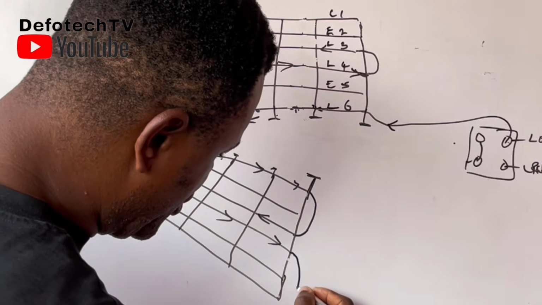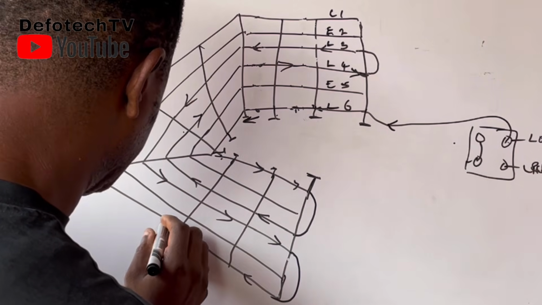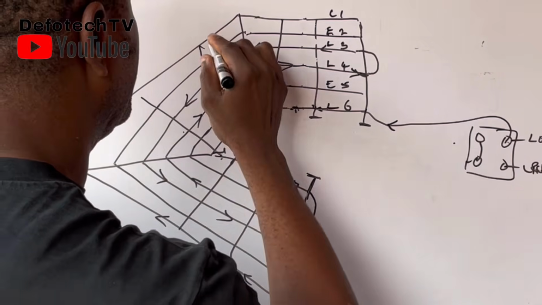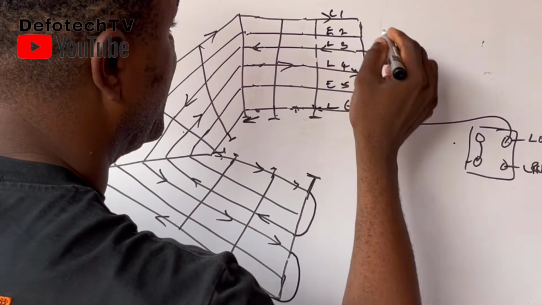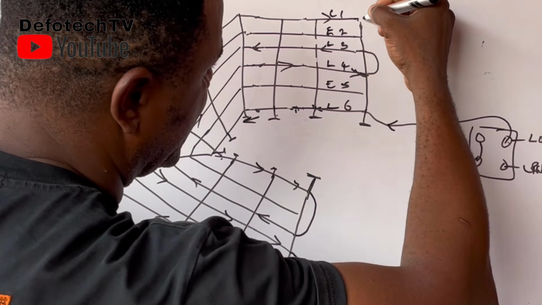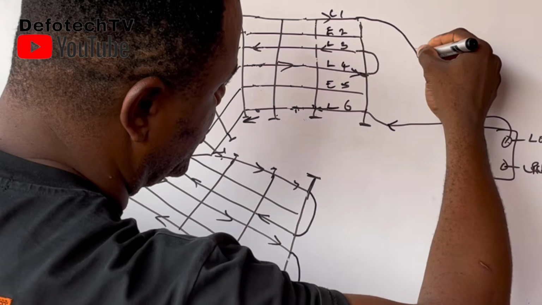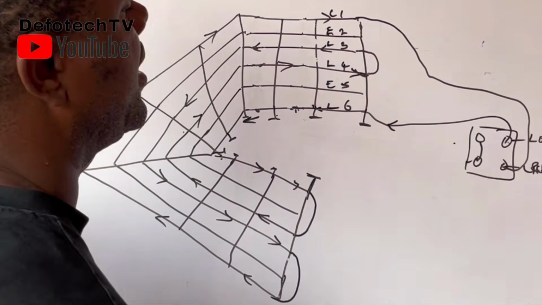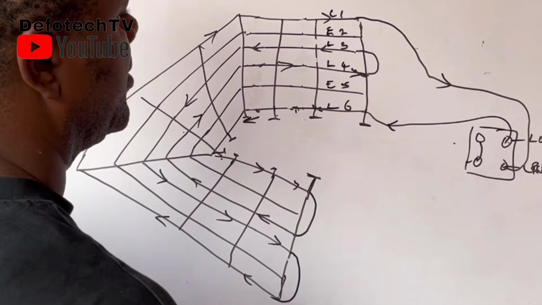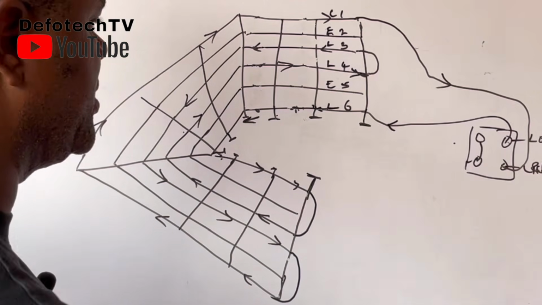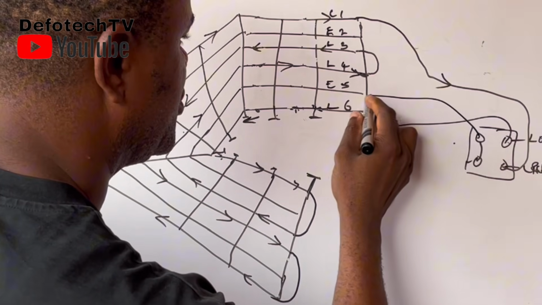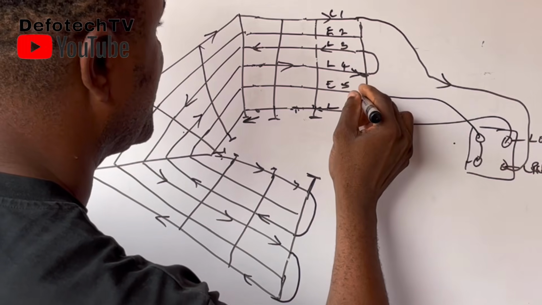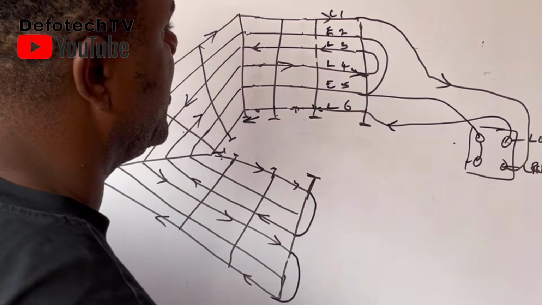Then this one goes to number 1, I said number 1, not 6. And when this gets here, this one moves all the way to the energizer, return. So that's complete.